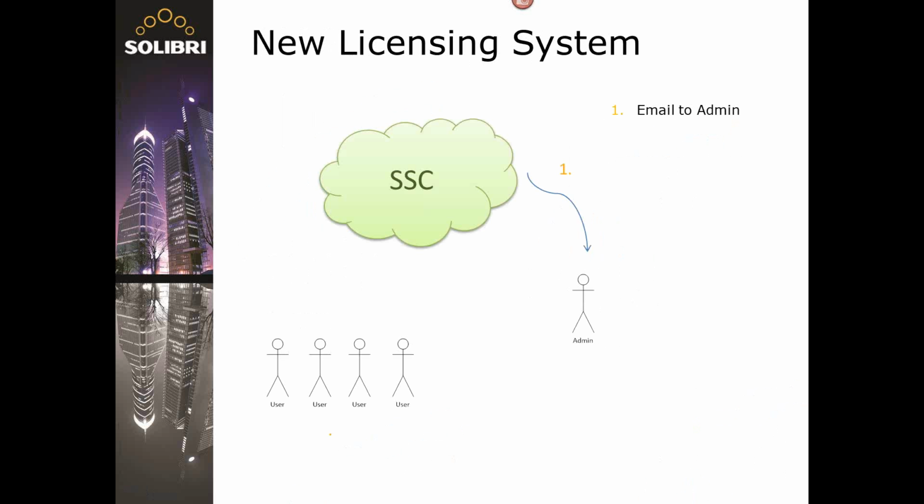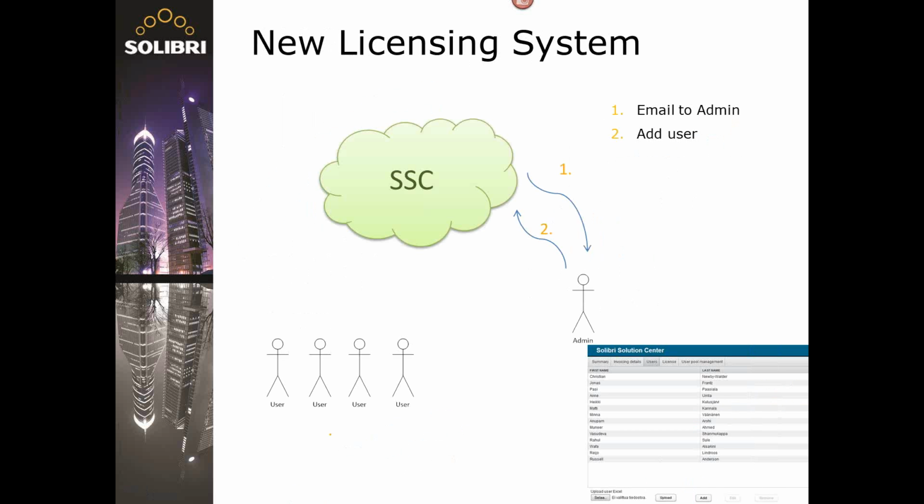According to those instructions, the administrator will add users to the company's license pool. So let's say that the company has 5 licenses and there are 15 people using Solibri, so that administrator just adds those 15 people to the license pool of the company.